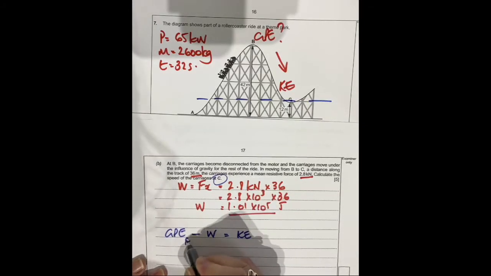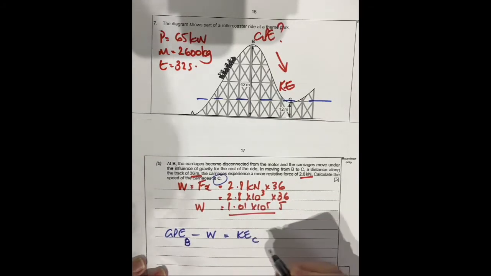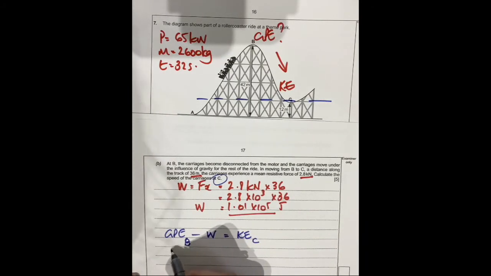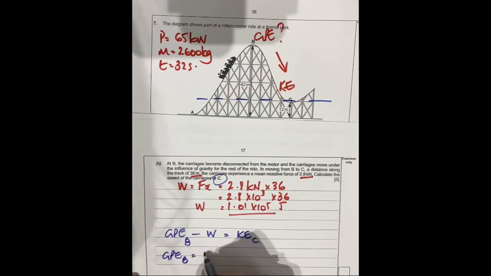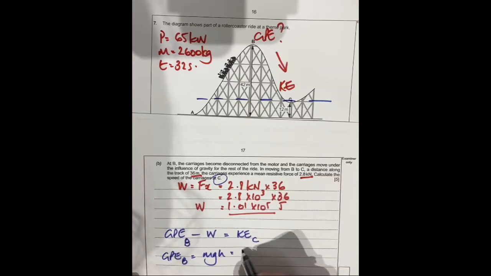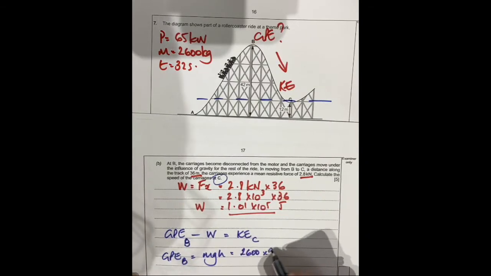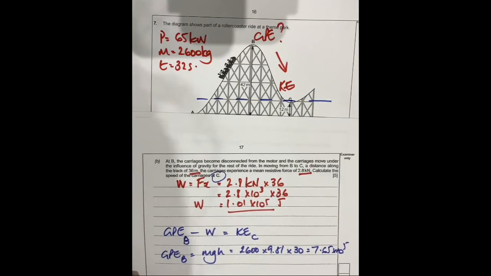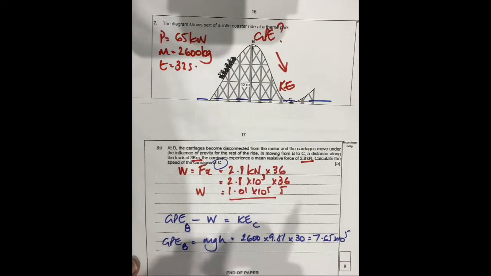Oh, sorry, that's GPE at B. That will tell us the kinetic energy at C. All right, so the GPE at B is mgh, so that's 2,600 times 9.81 times our 30 metres. Try that, pause and pop that in your calculator, but that is 7.65 times 10 to the 5.